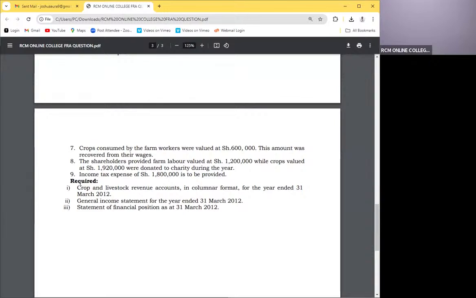Number 1, crop and livestock revenue accounts. So we have there crop and livestock revenue accounts in columnar format. Very easy, really.